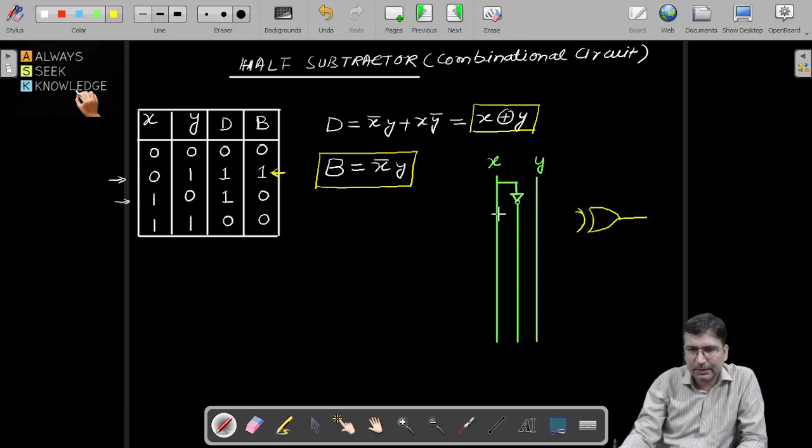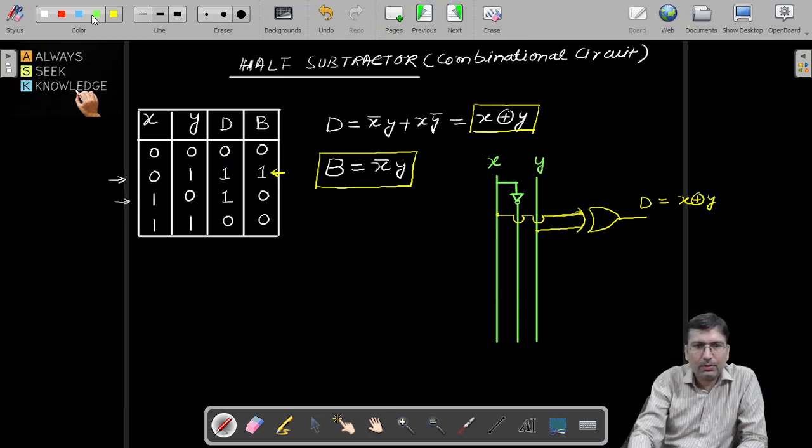So x is here, we can take x like this, and y input we can connect from here. So this will give us D as x XOR y.